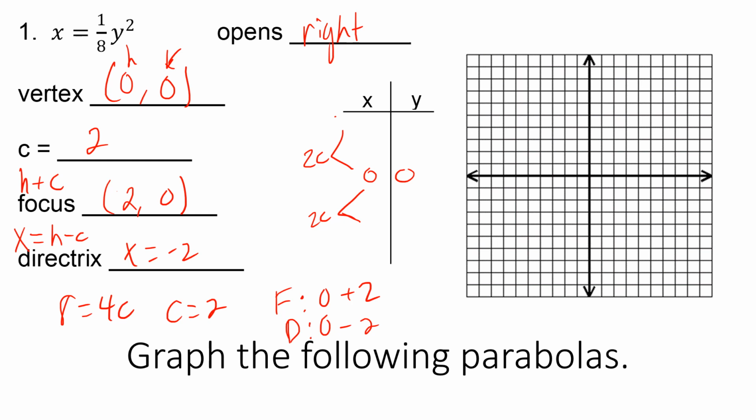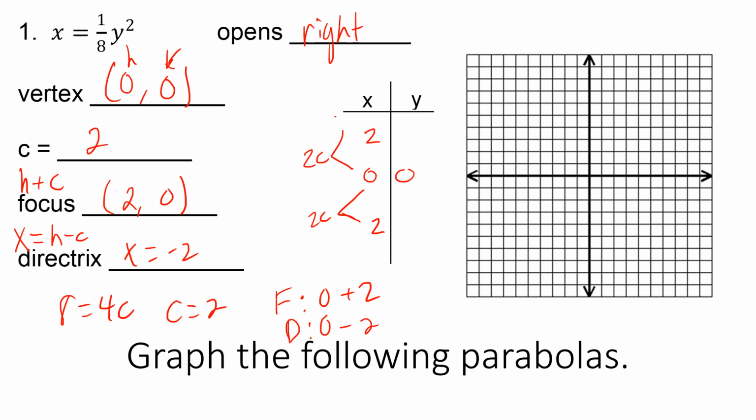Notice that these values are the same this time. Why are they the same? Because it's a horizontal, so your x's are going to be the same, but your y's are going to be different. I went backwards, y'all.